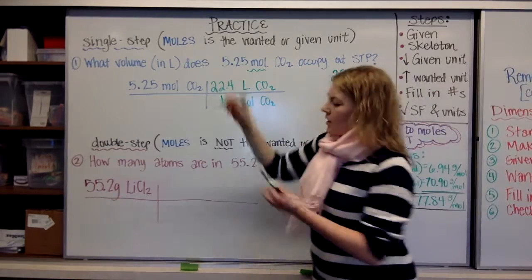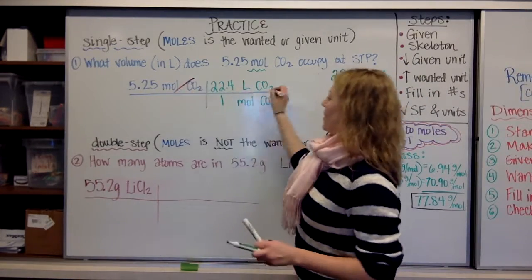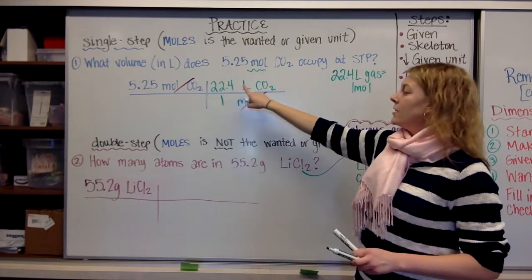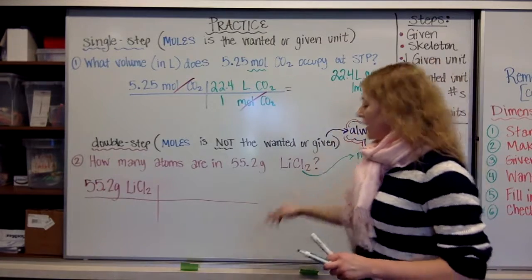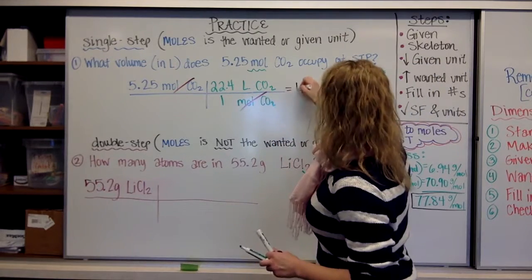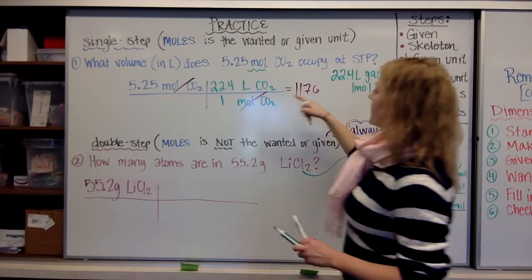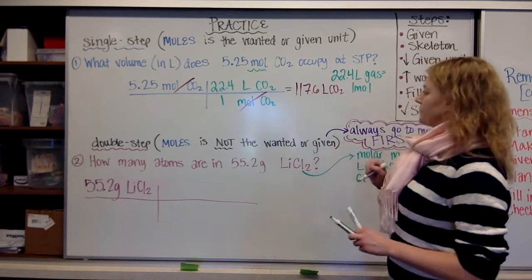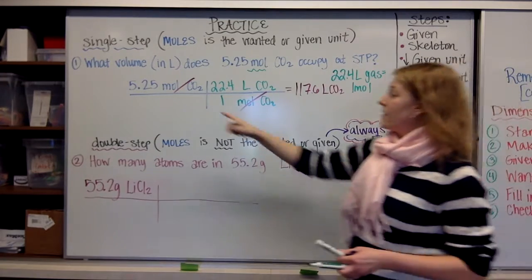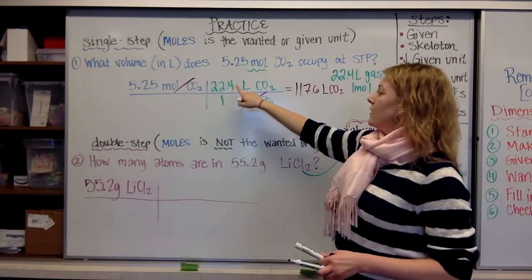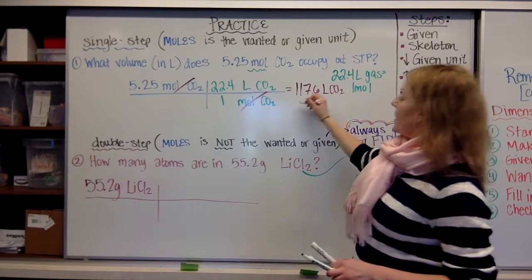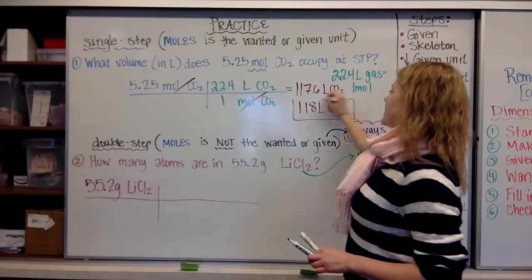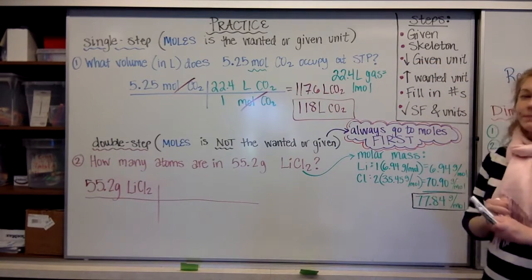So, our unit on top and on bottom crosses out, and we multiply. 5.25 times 22.4 gives us 117.6. My unit that's left is liters of CO2. But I need to look for sig figs. I have 3 sig figs here. All right, 3 sig figs there, so we need 3 sig figs in our answer. 118 liters of CO2. Okay?